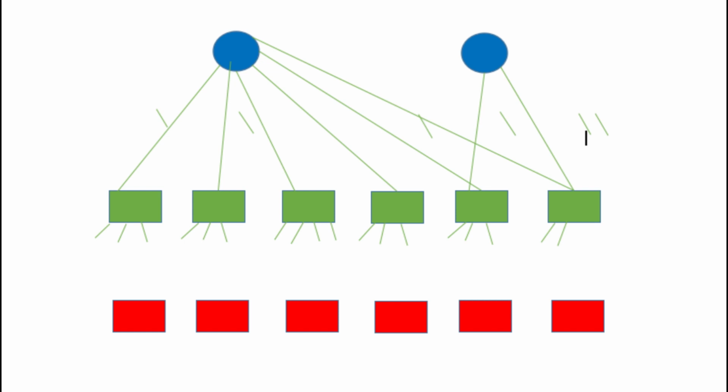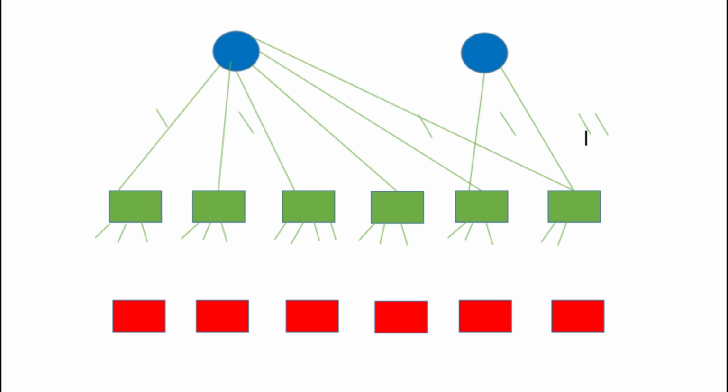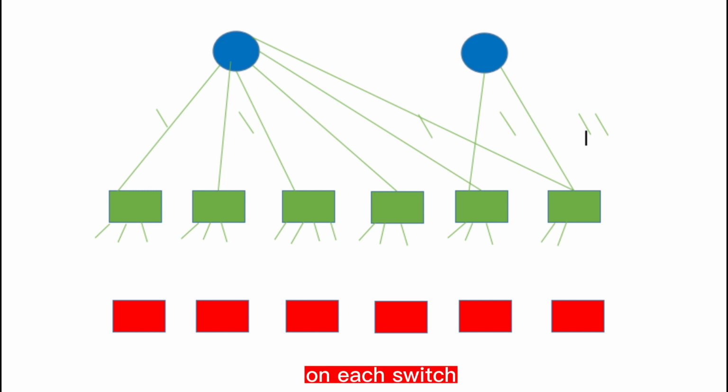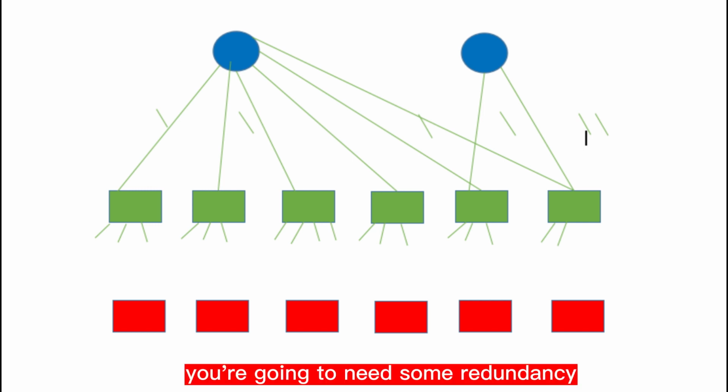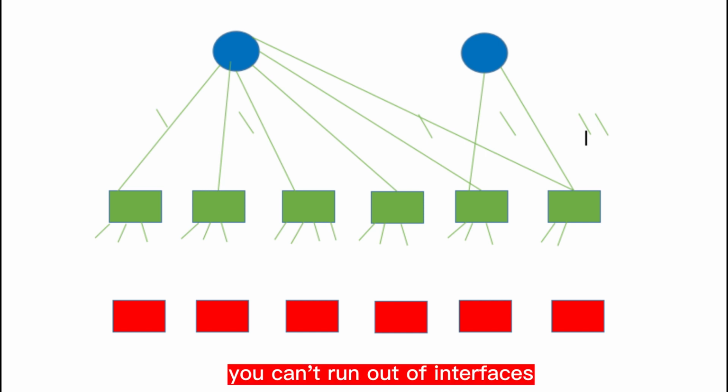Yes also. But what if you have a lot of employees in your company in the future? We know that enterprise switches are generally 48 ports and 24 ports. On each switch, you need some redundancy. You can't run out of interfaces.